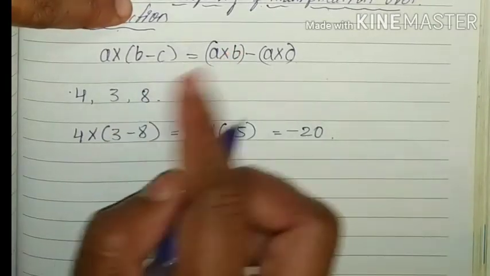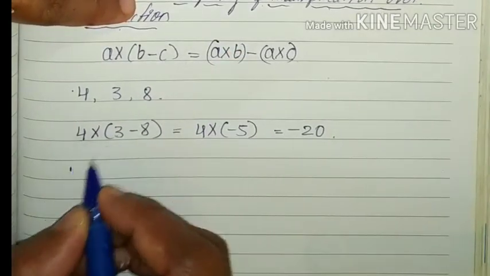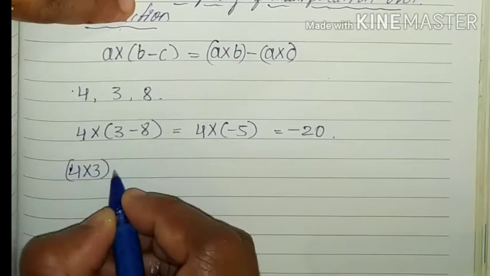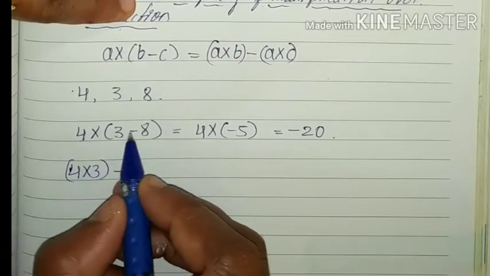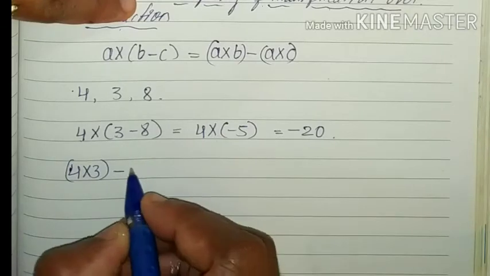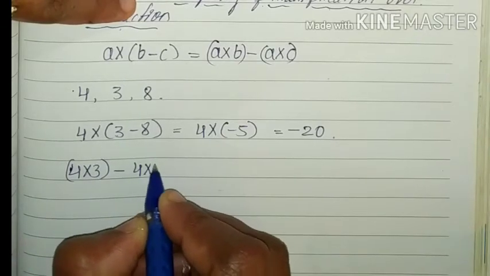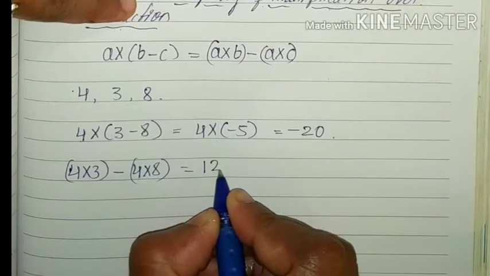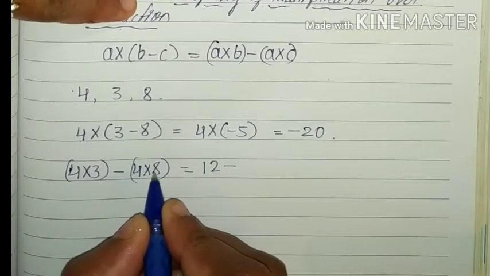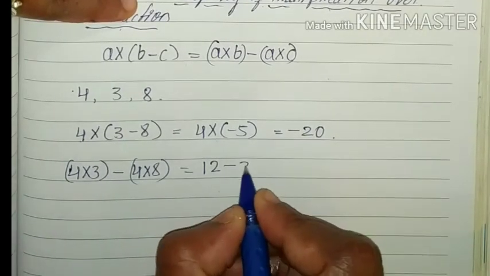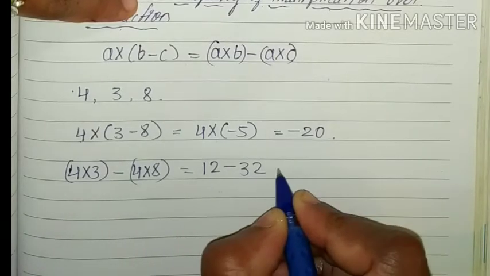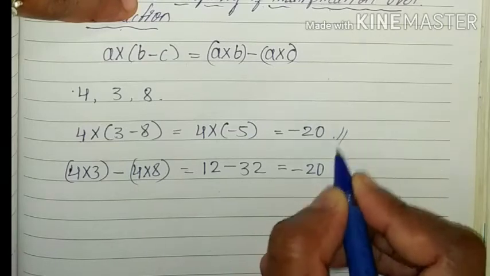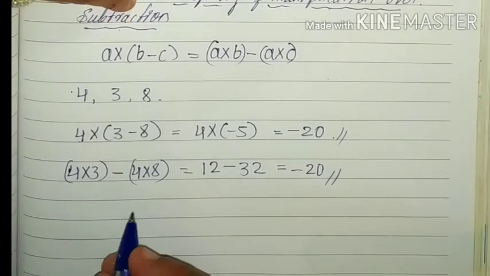Then I will write like this, 4 into 3 minus of 4 into 8. That is 4 threes are 12 minus of 4 eights are 32. So 12 minus 32 is what? Minus 20. So both are same.